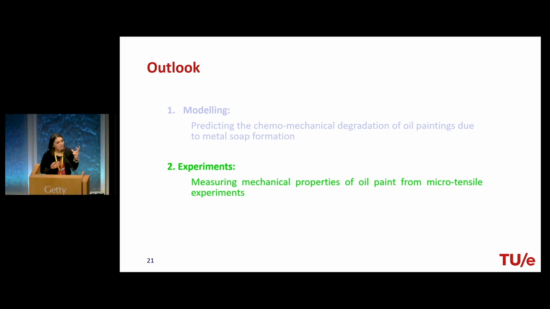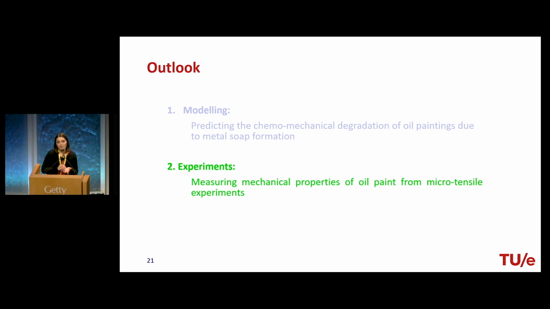My goal would be to connect these two different approaches by means of microscale tensile experiments. I say tensile experiments because I think in a way they are easier to interpret than nano-indentation, and to some extent they provide additional information.